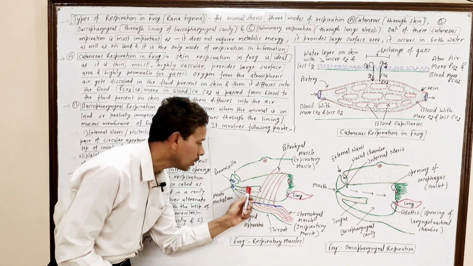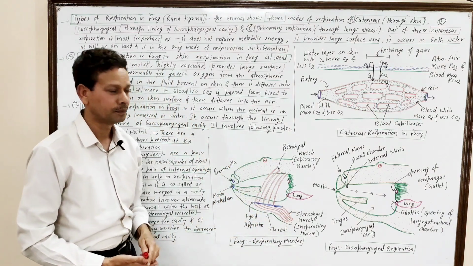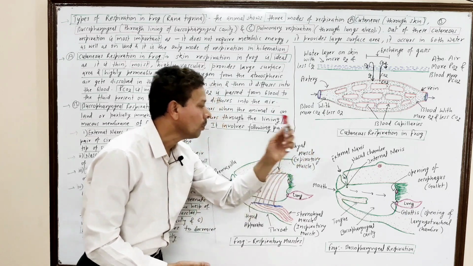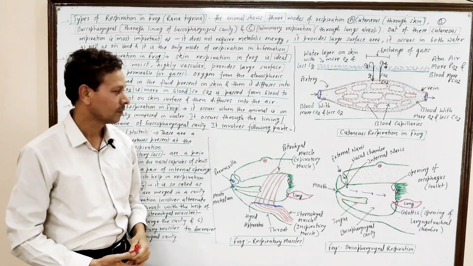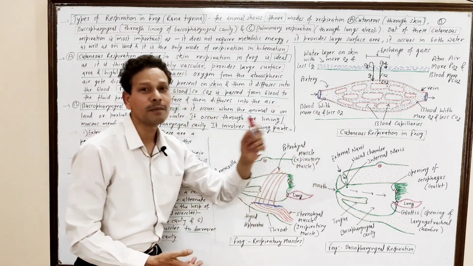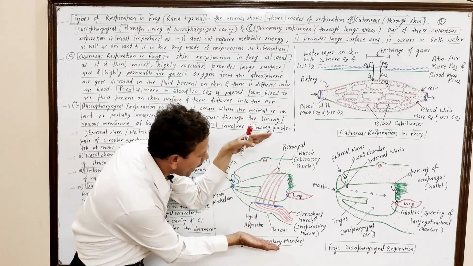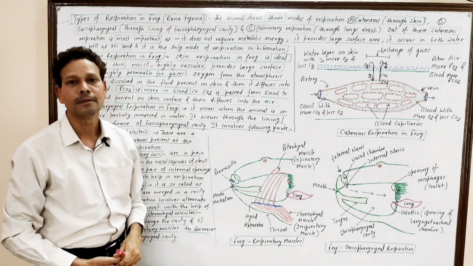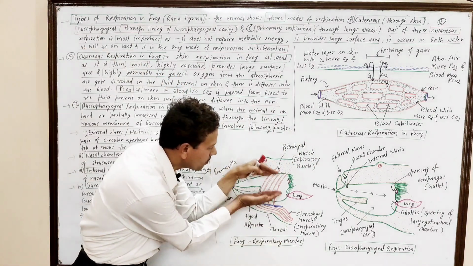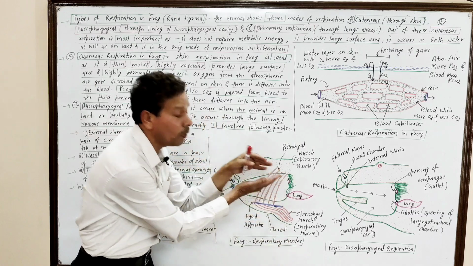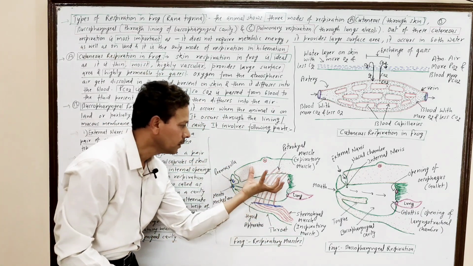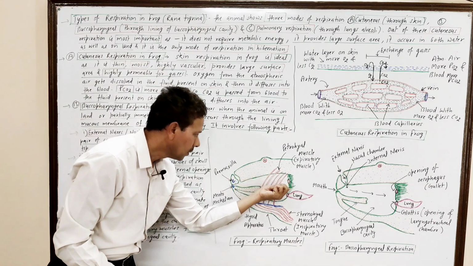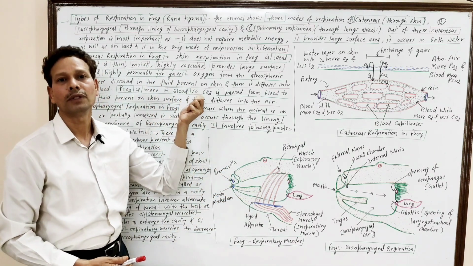One set of muscles is the pterygohyal muscles. These are expiratory muscles. Dear students, on contraction of these pterygohyal muscles, this buccopharyngeal cavity gets lowered. As a result, pressure develops and the air is removed out.